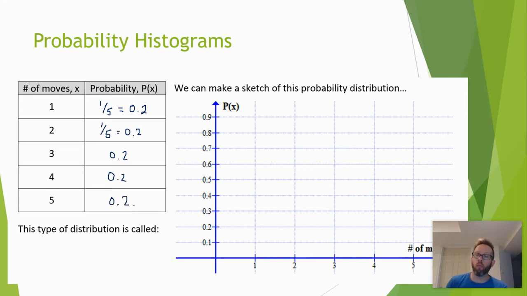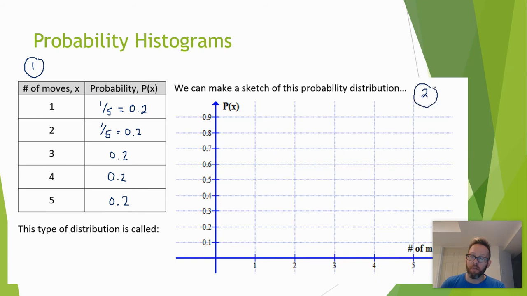And that is one way to show a probability distribution, is to make a table. So we have created a probability distribution. So I'm just going to put a little 1 there. That's one way to illustrate a probability distribution. A second way of illustrating the same information is to make a probability histogram. So I'm just going to put a 2 here.